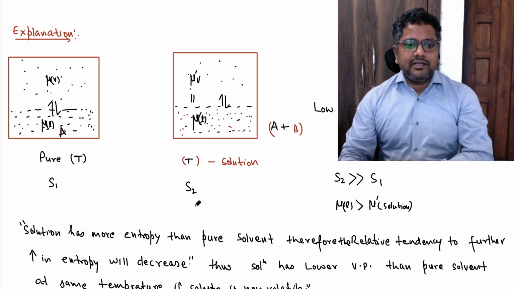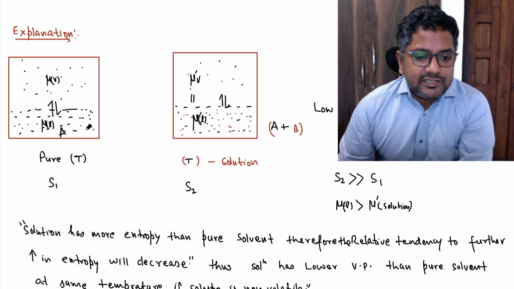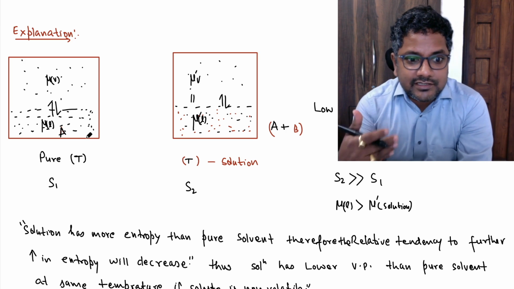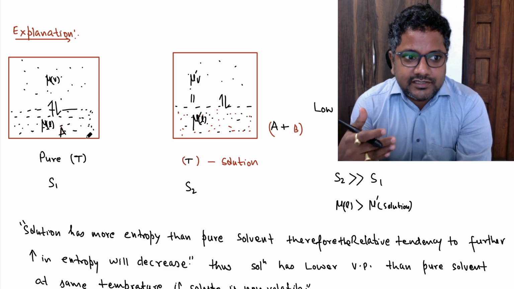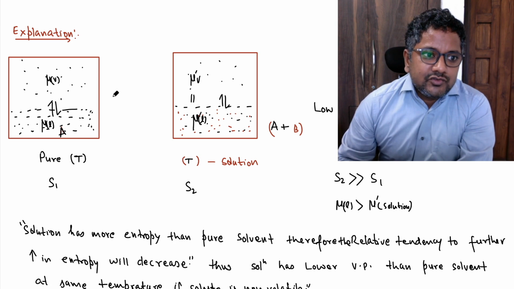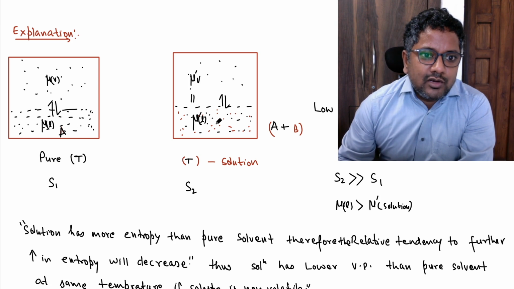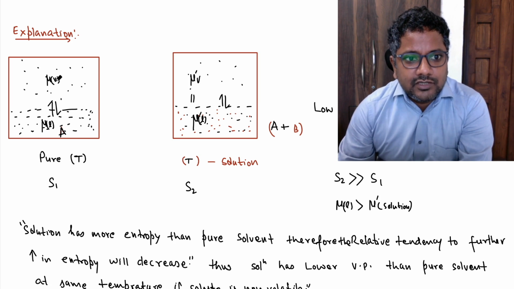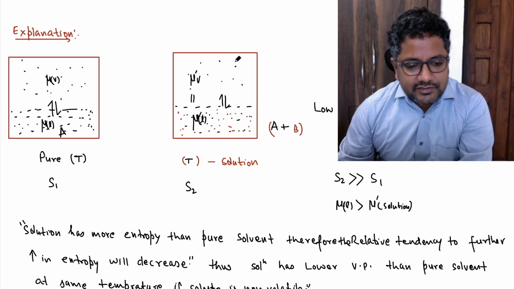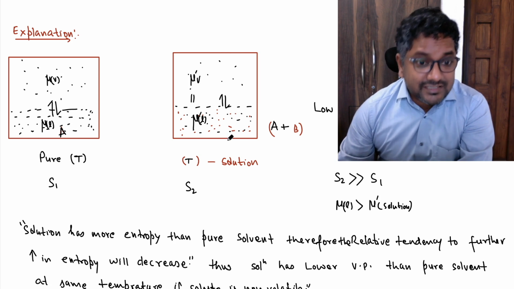So obviously if chemical potential is more, chemical potential means escaping tendency, which I have sometimes referred to as escaping tendency. So if chemical potential of this is more and this is less, this has relatively more tendency to go into the vapor phase compared to this of the same component.